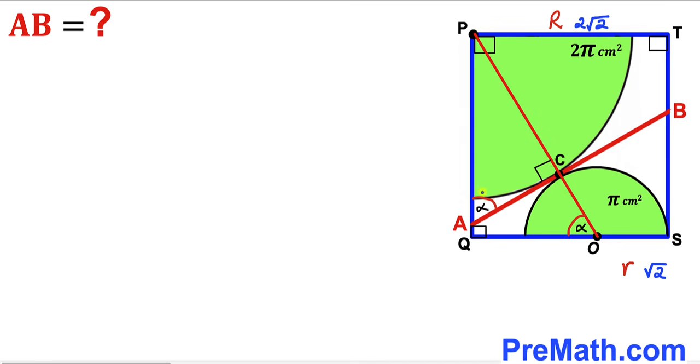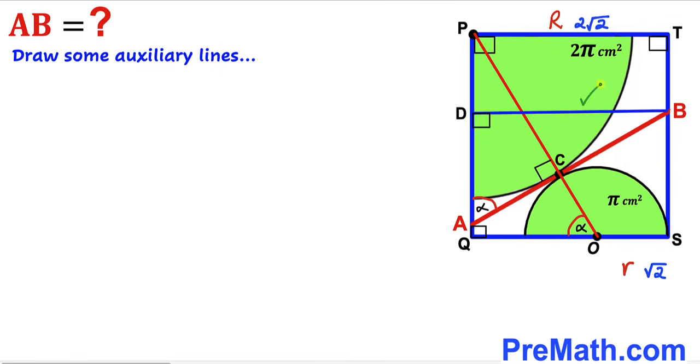And now we are going to focus on these two angles. This angle is alpha and this angle is alpha, so they are congruent. And now in this next step, we are going to draw some auxiliary lines to make our job simple. As you can see, I have dropped a perpendicular BD, and this perpendicular BD is parallel to this side PT.